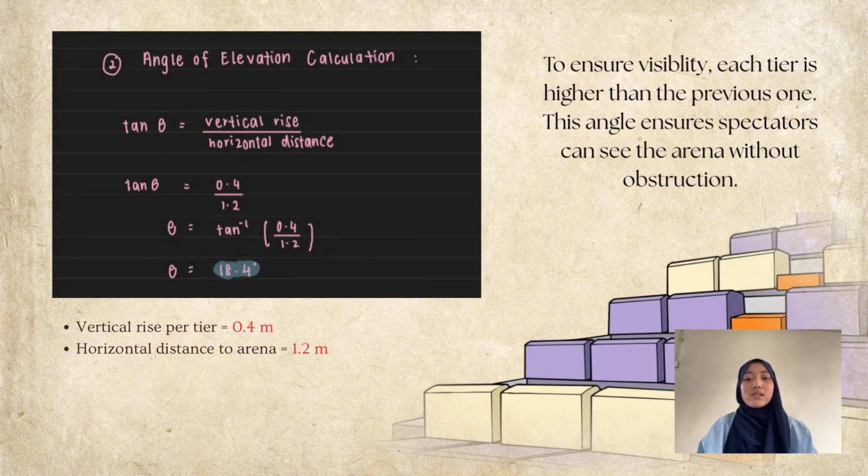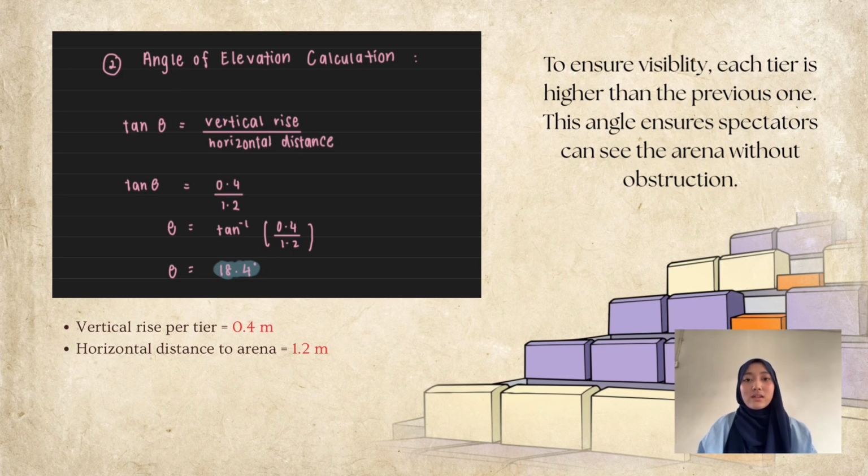This slide focuses on the calculation of the angle of elevation, which is essential to ensure clear visibility for spectators. The angle of elevation is calculated using a trigonometric relationship, which is tan theta equals vertical rise divided by horizontal distance. In this case, the vertical rise per tier is 0.4 meters, while the horizontal distance to the arena is 1.2 meters.